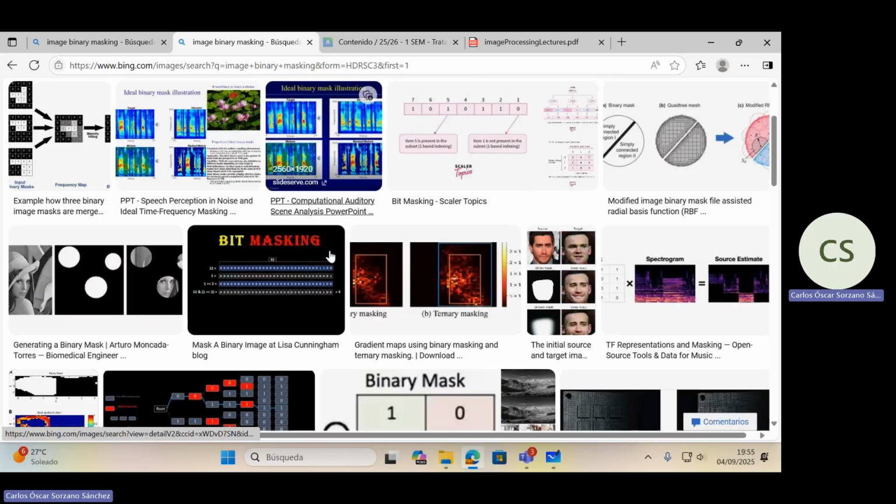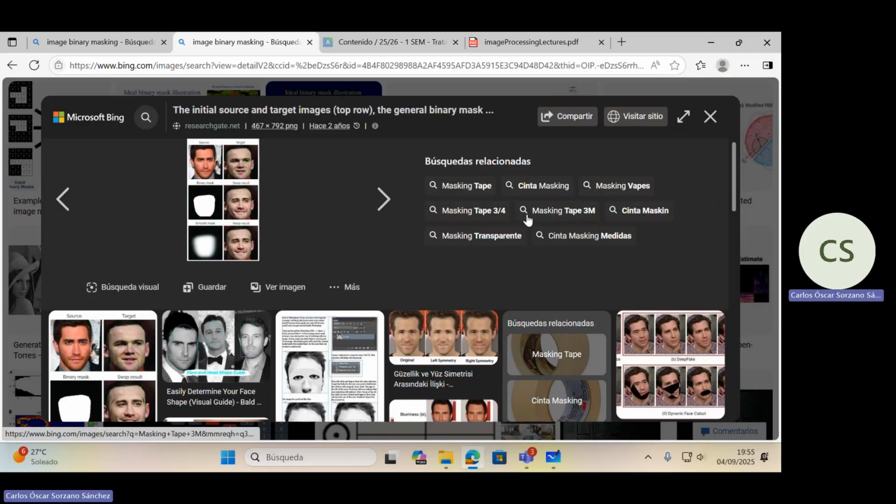So it is something like this. You have an image, you compute a binary mask, and then sometimes you want to multiply the original image by this mask. So you have to multiply. This mask is between 0 and 1, or 0 and 255.